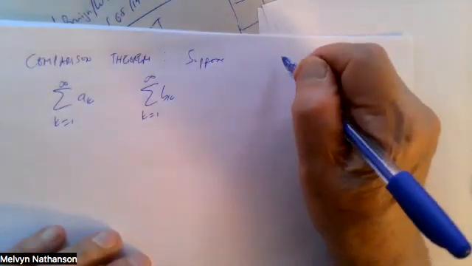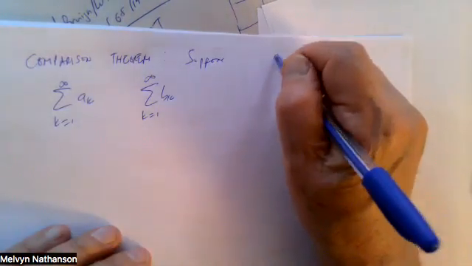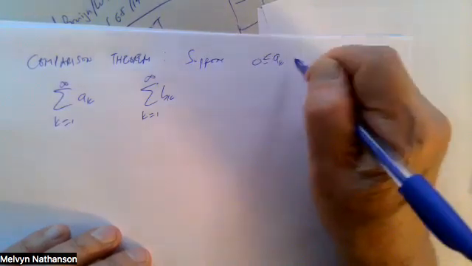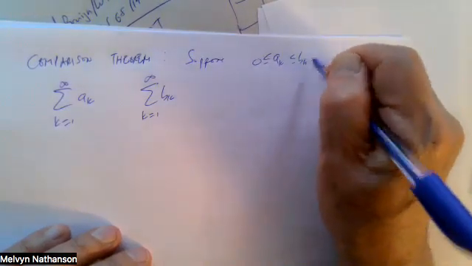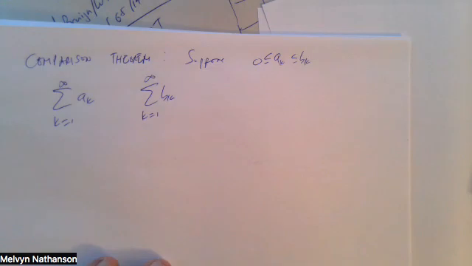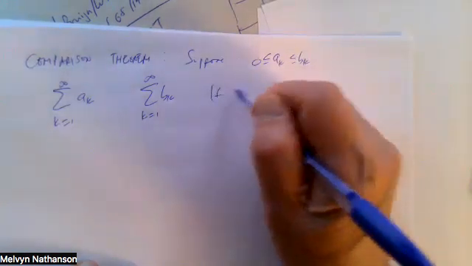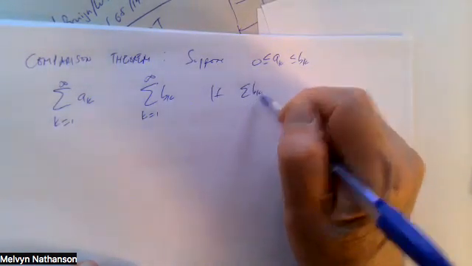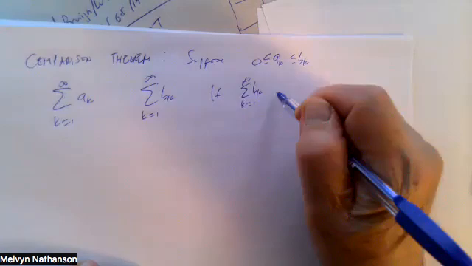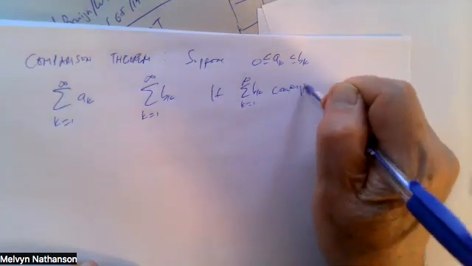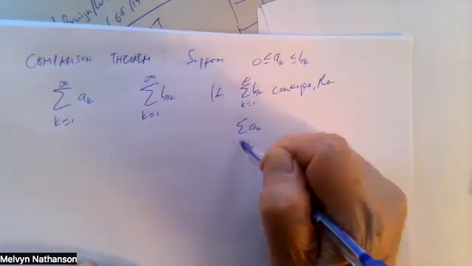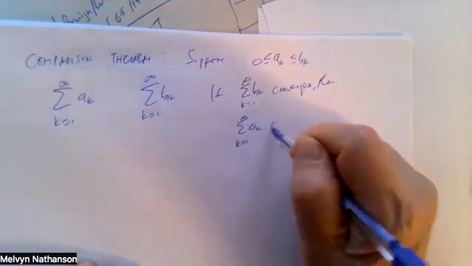And suppose these terms are non-negative, and a_k is always less than or equal to b_k. So one part of the comparison theorem says if summation b_k converges, then summation a_k converges.